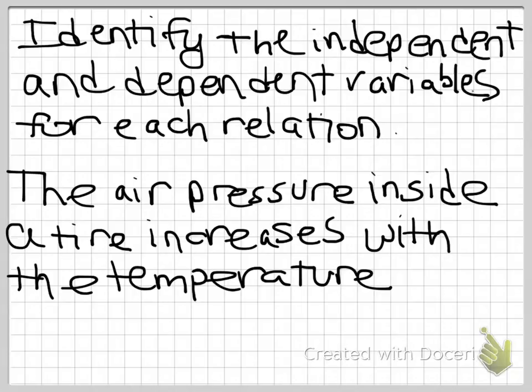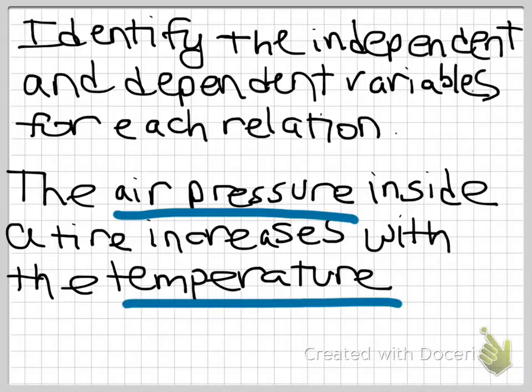So if you think of the words independent and dependent, dependent is going to depend on something else. Independent is going to remain the same usually and is not going to be able to be changed by anything else. So if you see the scenario here, we have 2 different variables. We have the air pressure, and then we also have the temperature.